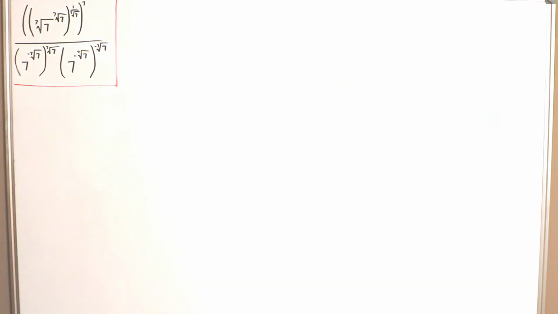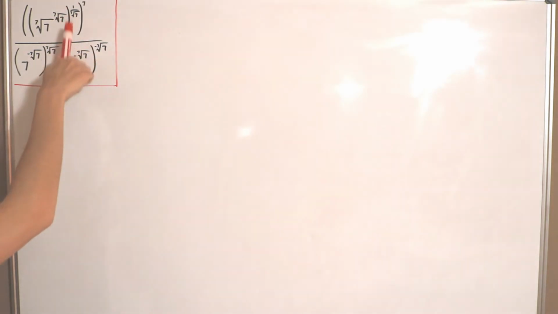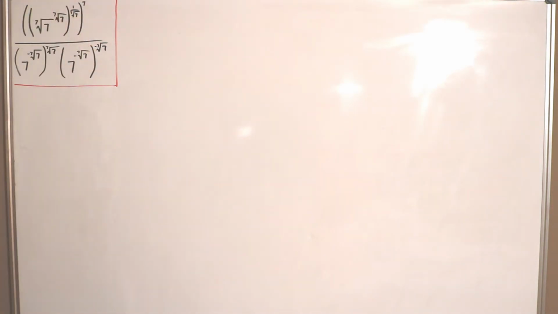Okay, so just like I mentioned, let's rewrite some things because of the exponent. We have an exponent to the power of an exponent to a power. Using our rules, this is all just a product of exponents with the same base. So now we can rewrite the numerator.